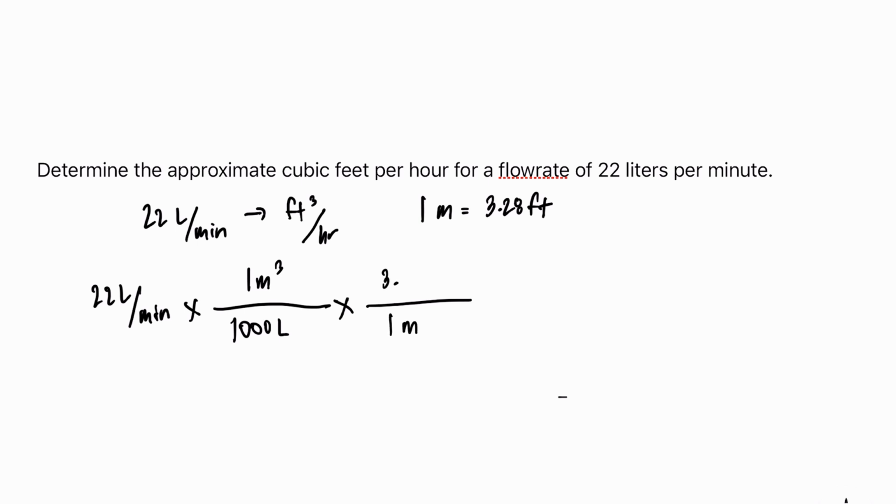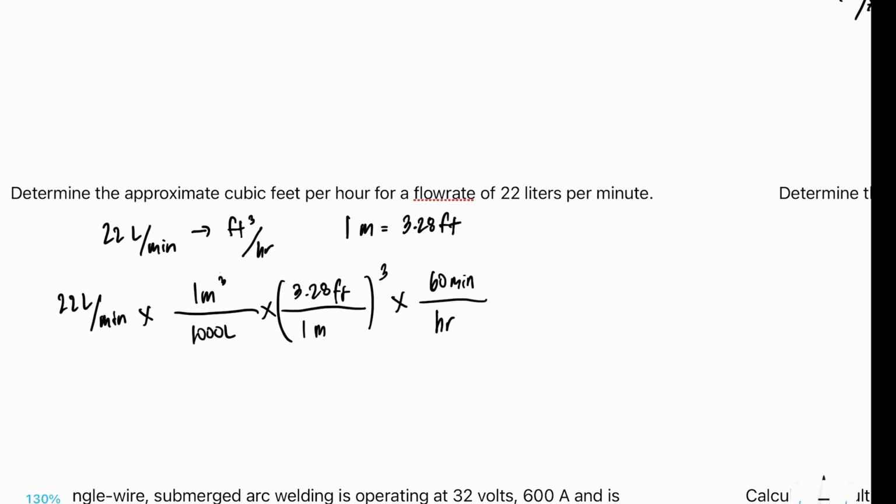So you put here 3.28 feet, but you need to raise this entire expression to the power of 3. Operating this expression will give you the answer: 22 divided by 1,000 times 3.28 cubed times 60. That will give you about the same answer as earlier, 46.58 cubic feet per hour.